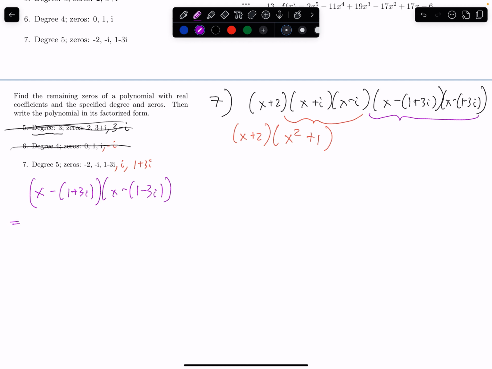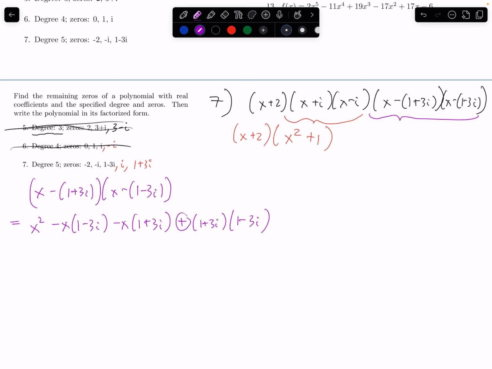Okay, so we're going to FOIL this thing out. First terms, I get x squared. Outer terms, I'm going to get minus x times 1 minus 3i. Inner terms, I'm going to get minus x times 1 plus 3i. I rearranged the order just so it's easier for me to look at. And last terms, I'm going to get 1 plus 3i times 1 minus 3i.